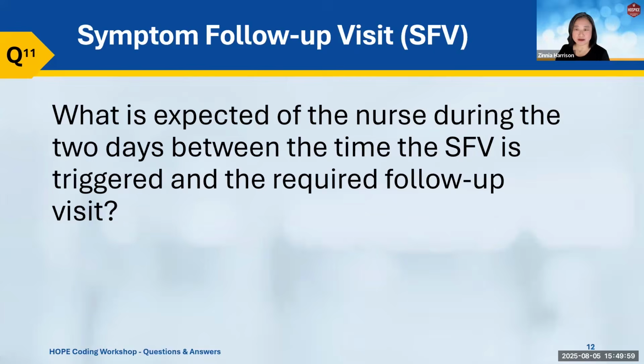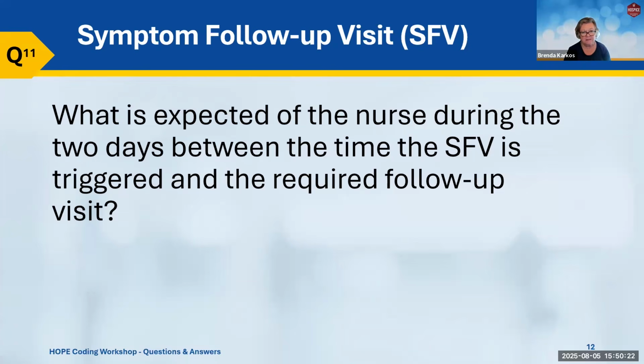Thanks, Brenda, for clarifying that. Okay, what's expected of the nurse during the 2 days between the time the SFV is triggered and the required follow-up visit? At this time, the expectation is simply that a follow-up visit occurs for any symptom impact assessment resulting in that moderate or severe impact.